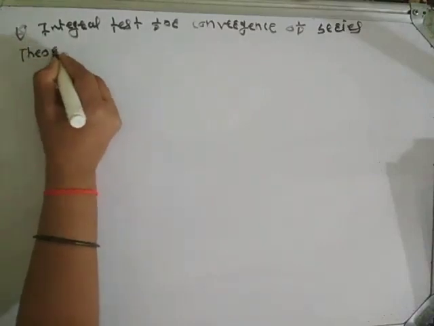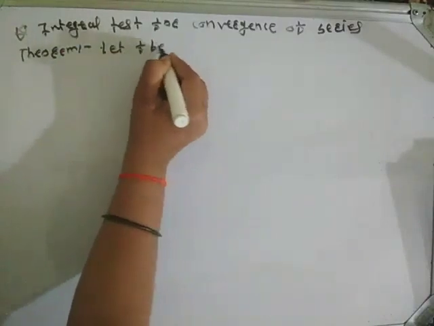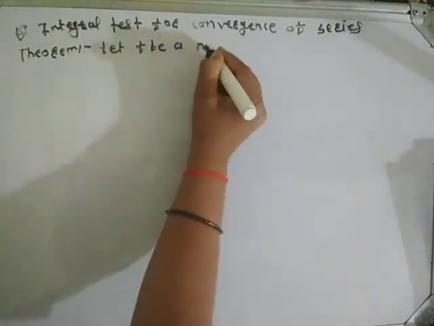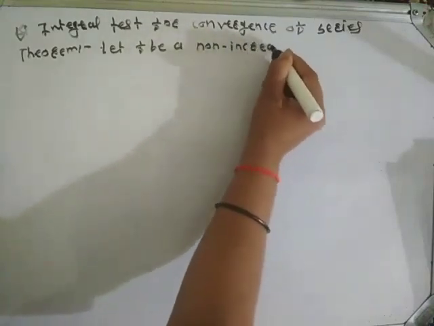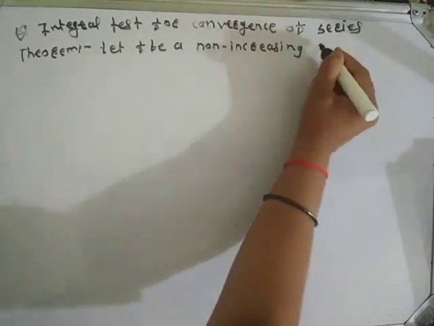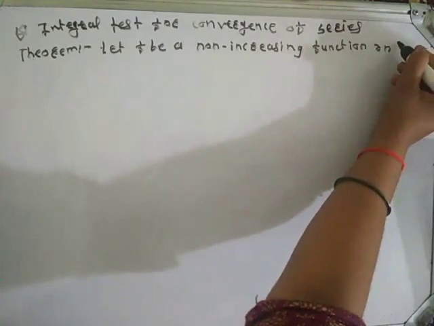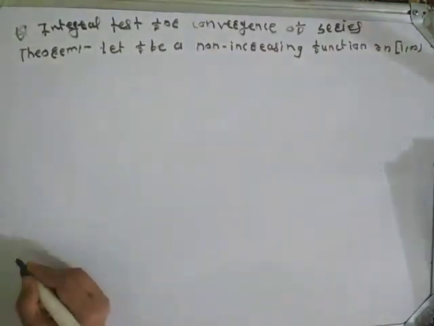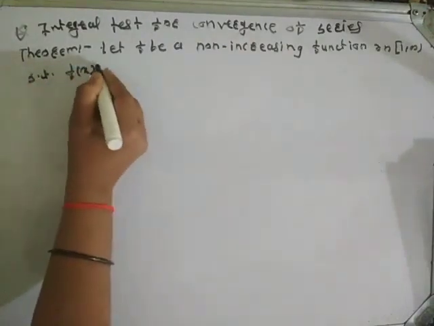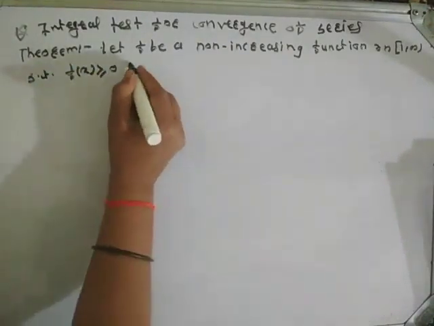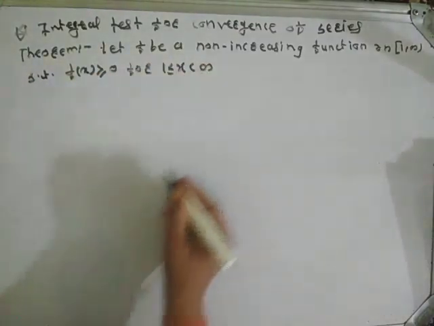Theorem. Let f be a non-increasing function on the interval closed at 1, open at infinity, such that f of x is greater than or equal to 0 for 1 is less than or equal to x strictly less than infinity.